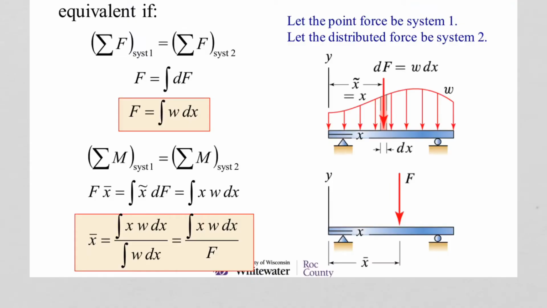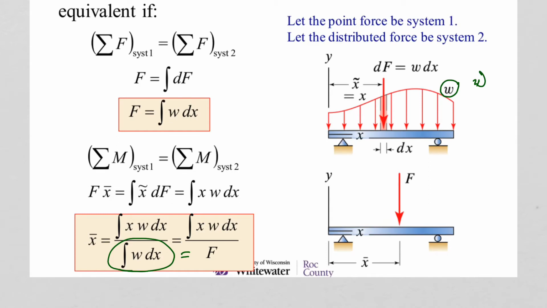So if we have the equation for our distributed load, this is this script lowercase w. If we have an equation for it in terms of x as it moves along the length of the beam, we can integrate that whole distributed load to find essentially the area under the curve, which really is equal to our force.